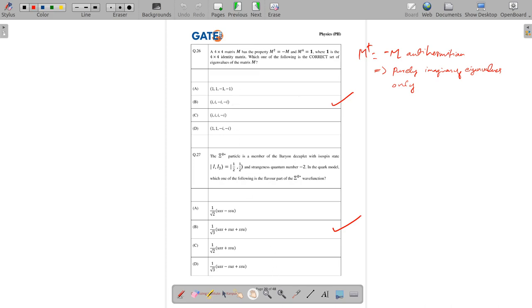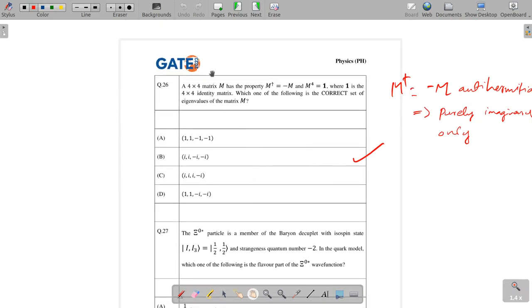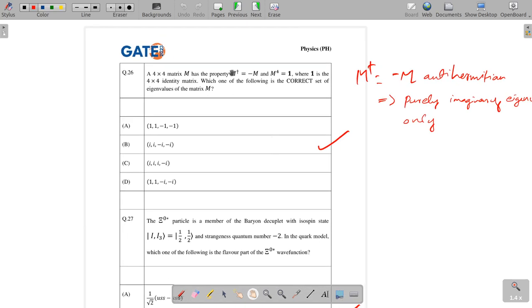Okay, for this particular question, one hint I can give you is that the 4x4 matrix M has the property M dagger equals minus M. If M dagger equals M, it's called Hermitian, which has only real eigenvalues.